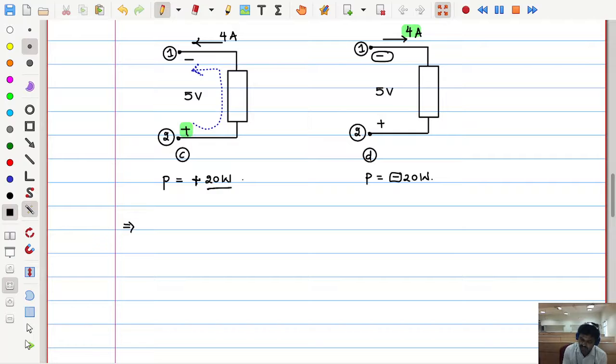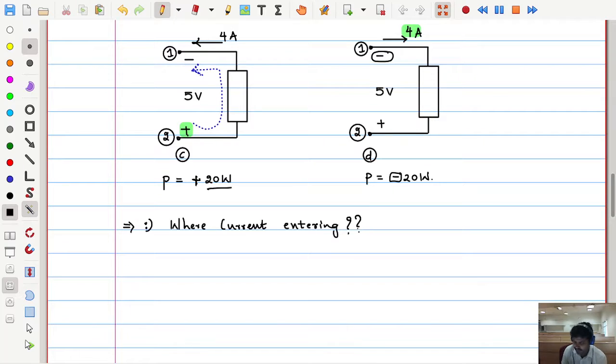We got this numerical value of 20, but I need the sign very carefully, whether it is positive or negative. For that, observe carefully where the current is entering.